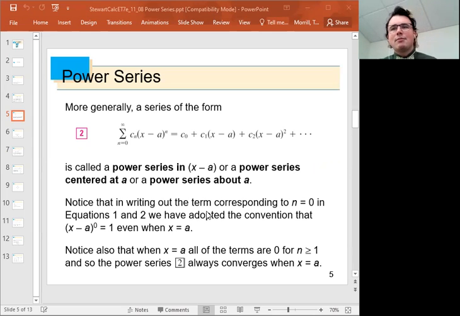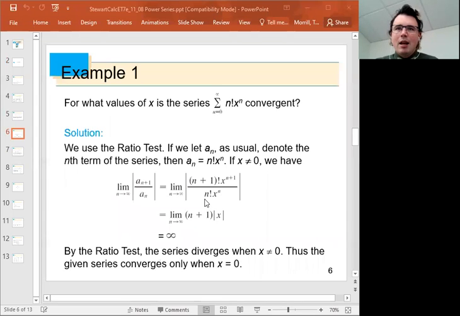Okay. So given one of these series, how do I know where the series converges and where the series does not converge? That's pretty important information. All I have to do is use the tests that I already know.